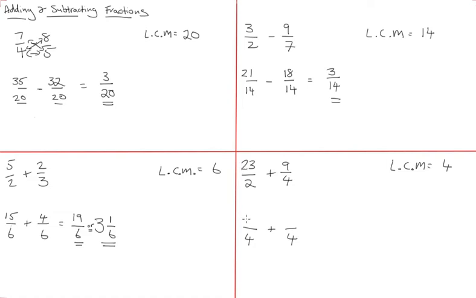So that would be 46. Now, this 4 does not need to be multiplied by anything. It's just stayed as it is, so 9 is the same. So that would give us an answer of 55 over 4, which we can divide in.